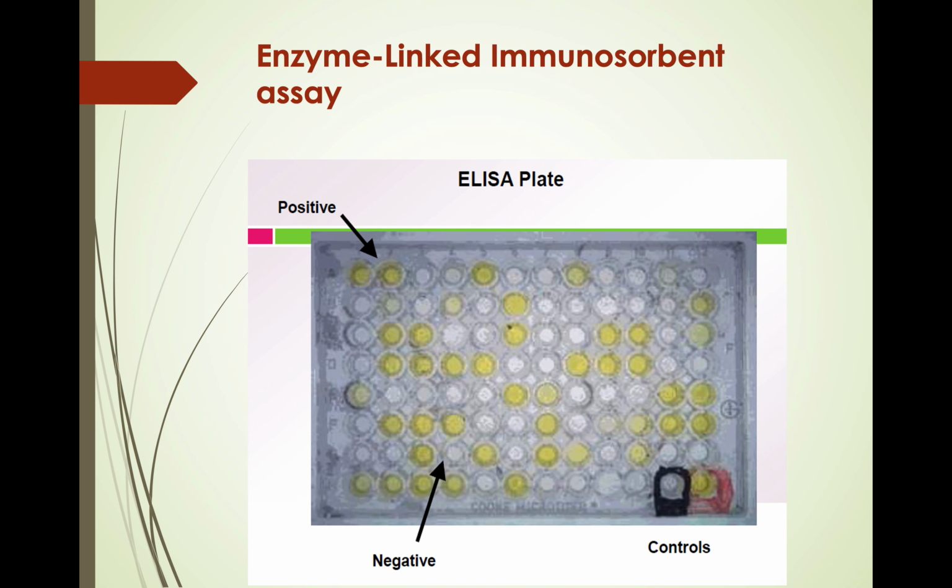We also have your ELISA, which we also call your enzyme-linked immunosorbent assay. A positive result indicates a yellow color, and a negative result indicates a colorless reaction. This is an example of an ELISA plate. You can also make use of ELISA in many other tests, like in your syphilis and other serological testing.